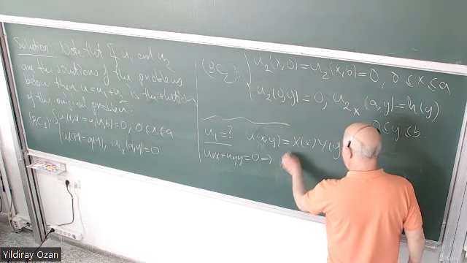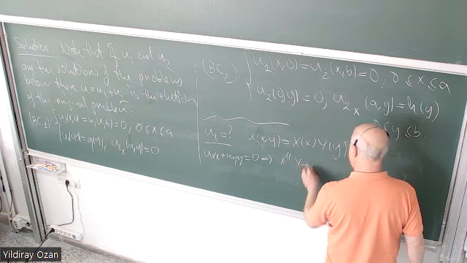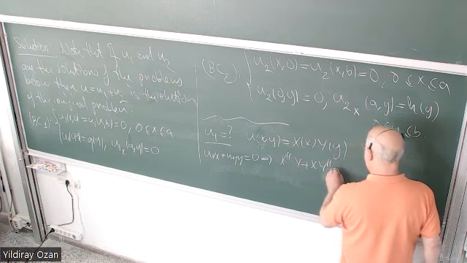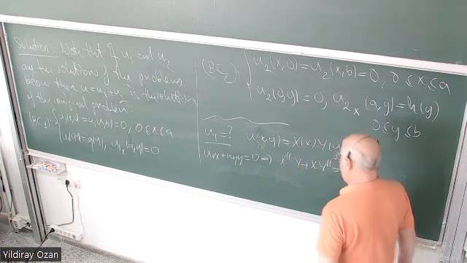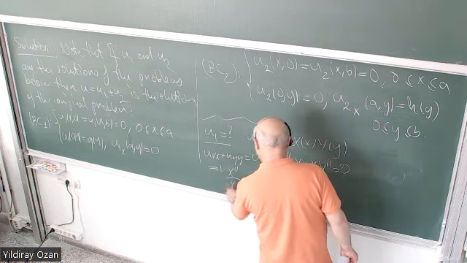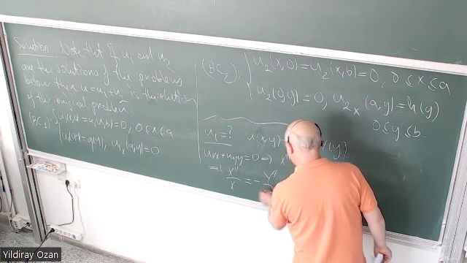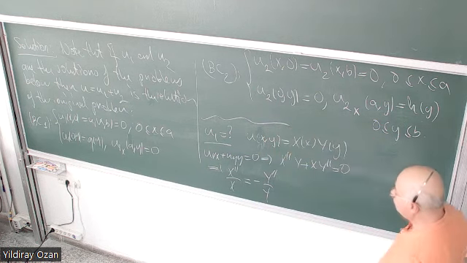As usual, X double prime Y plus X Y double prime is equal to 0. And from this, we have X double prime over X equals minus Y double prime over Y, and so on.